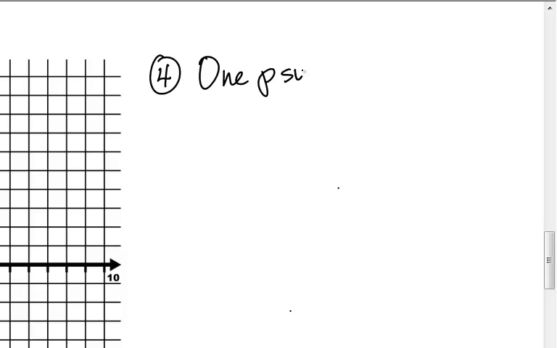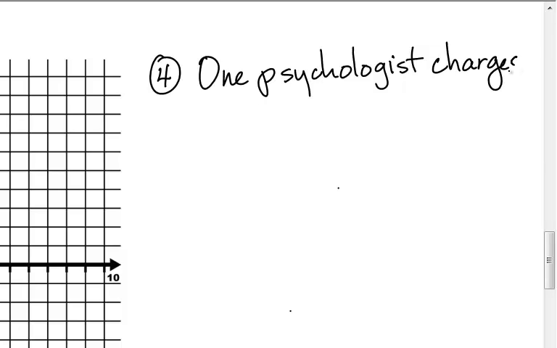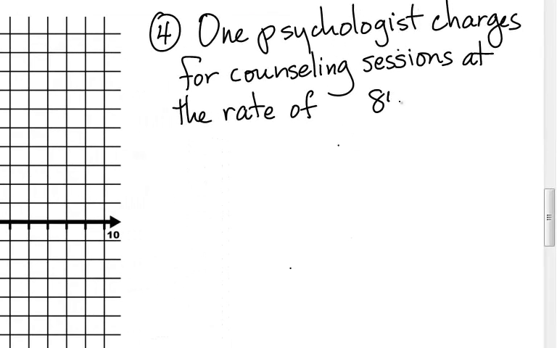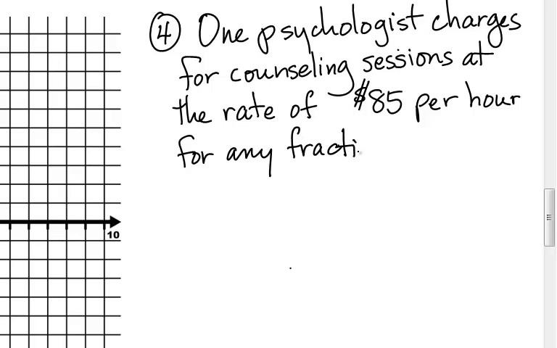One psychologist charges for counseling sessions at the rate of $85 an hour, per hour for any fraction thereof.